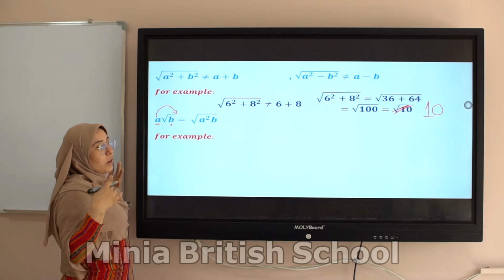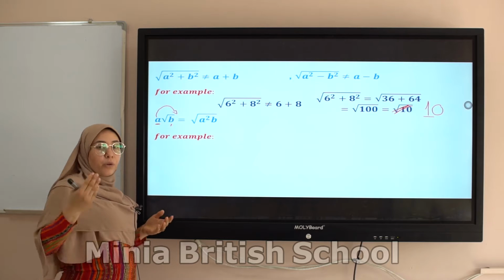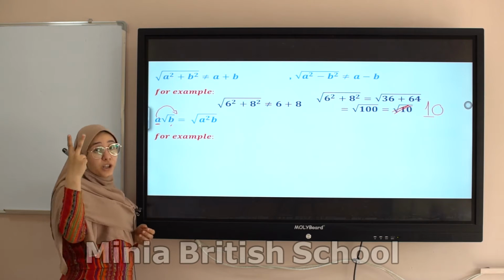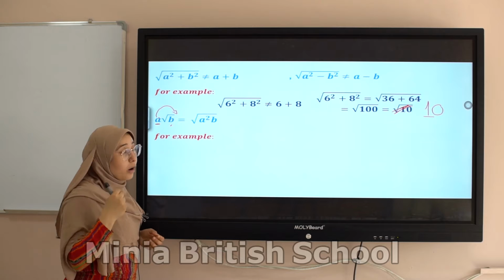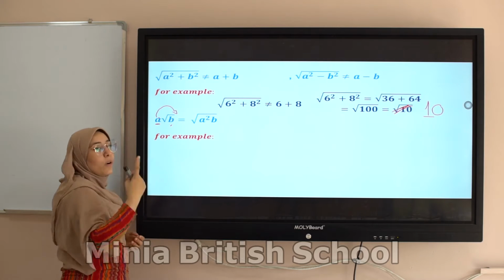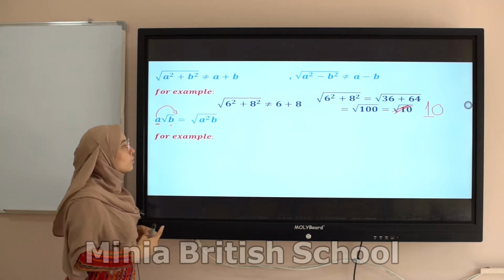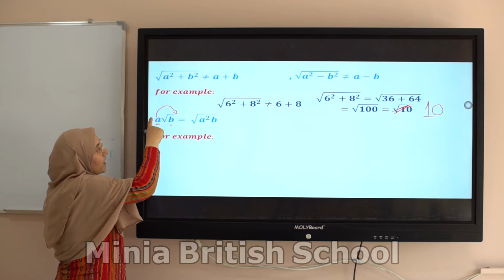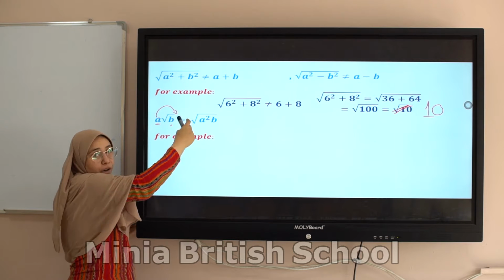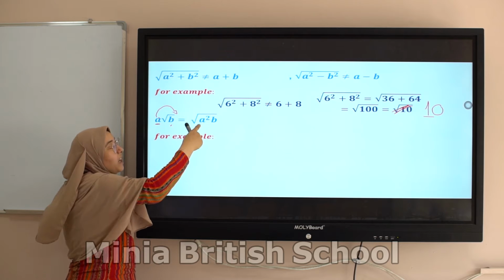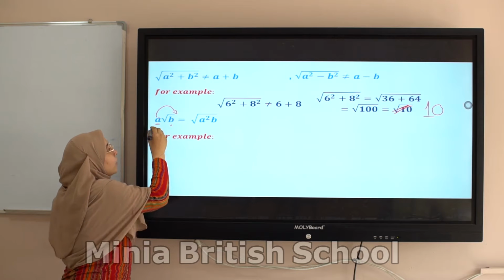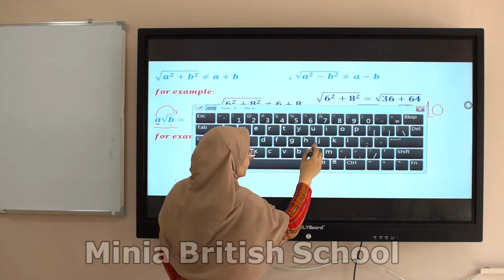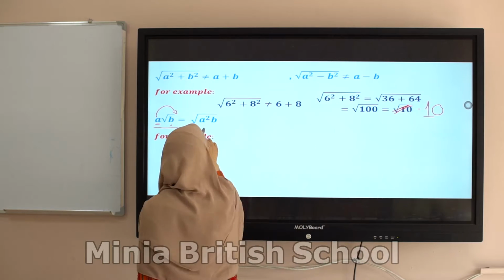So if I talk about a variable, I will multiply its power by 2. Here A has power 1, and 1 times 2 equals 2. So I will put A inside the square root with power 2. So A root B becomes the square root of A power 2 B.